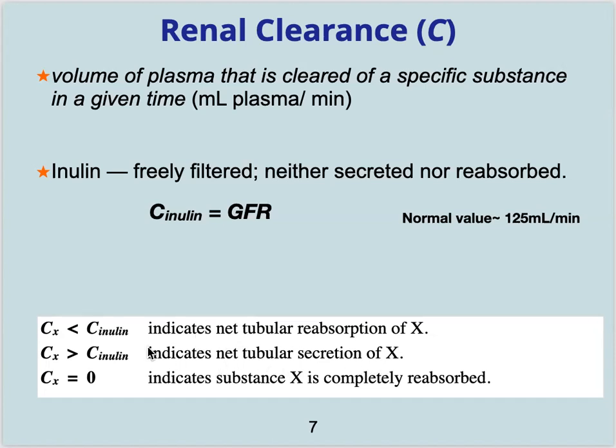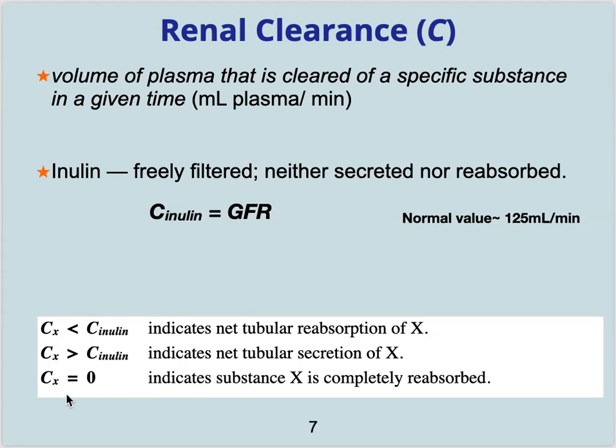Okay, in the case of net tubular reabsorption, it doesn't mean that there's no tubular secretion at all. It just means that there is overall more tubular reabsorption than secretion. Okay, and likewise for net tubular secretion.